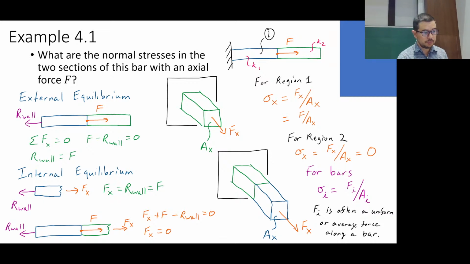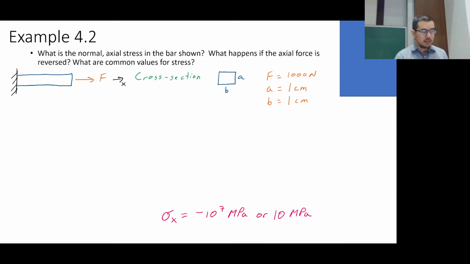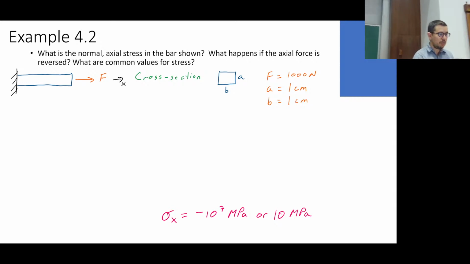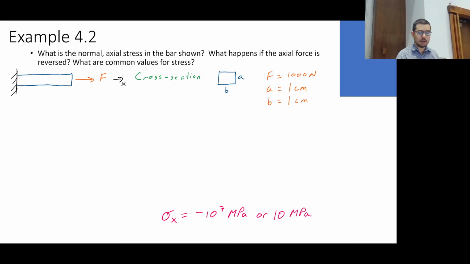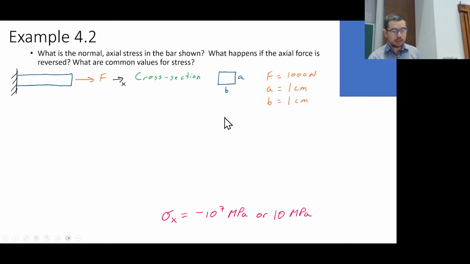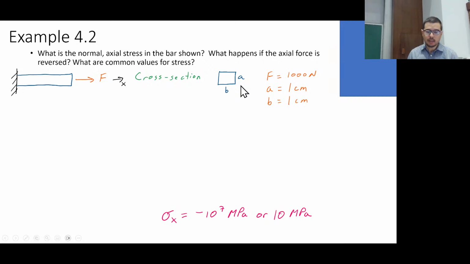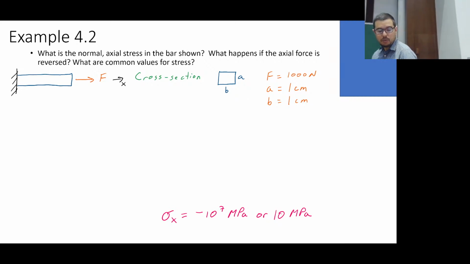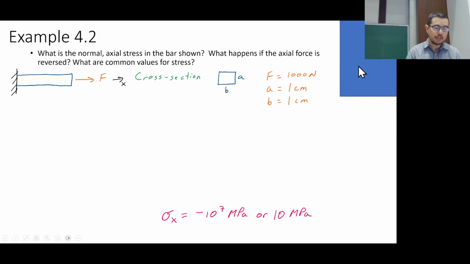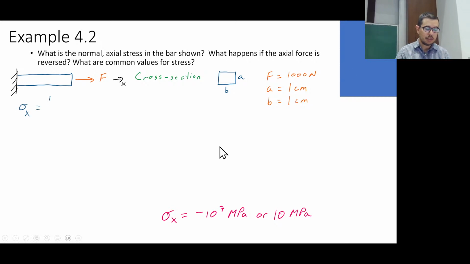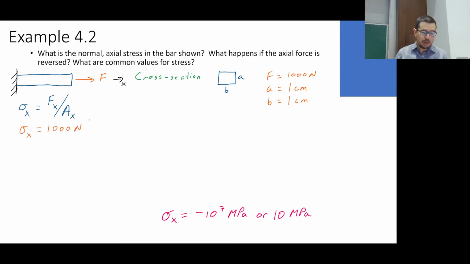So if we do a specific example with some numbers, we can have a cross-sectional area which is 1 centimeter by 1 centimeter, and let's say we have a force. We have sigma x equals the force divided by the cross-sectional area, and we do this out, and we have 1,000 newtons divided by 1 centimeter by 1 centimeter.